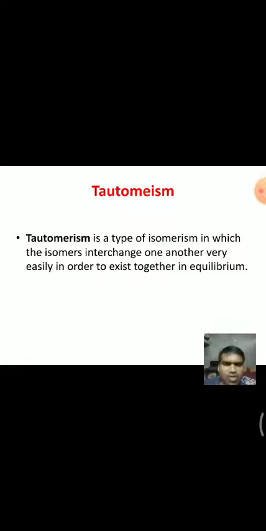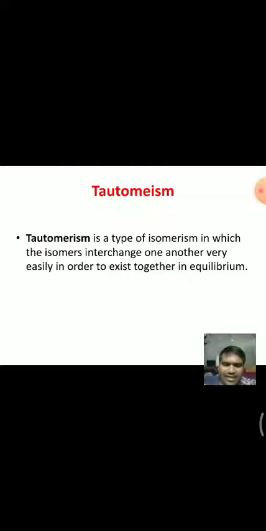Tautomerism is a type of isomerism in which the isomers interchange with one another very easily in order to exist in equilibrium. That means these isomers exist in equilibrium, unlike other types of isomers. They readily interchange from one to another.